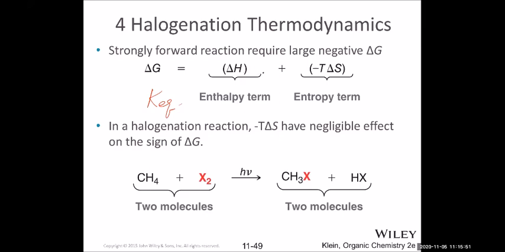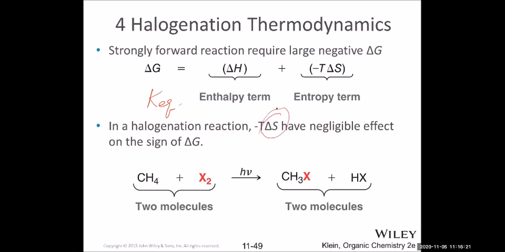The free energy change, as we learned in general chemistry, comes from the enthalpy change and the entropy change. The halogenation reaction basically looks like a substitution reaction. The number of molecules between reactant and product is the same, with no change. So the entropy change is negligible.